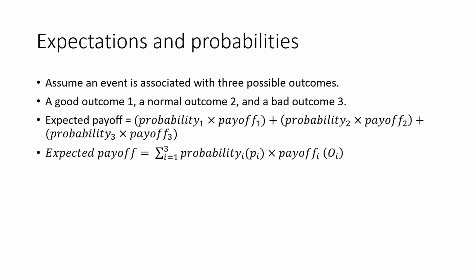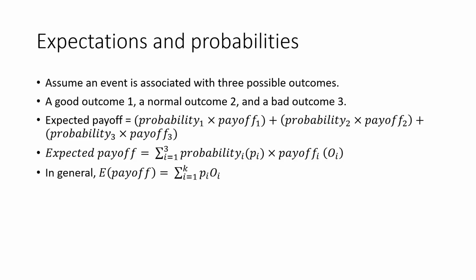The expected payoff therefore would be represented here as the sum of i equals 1 to 3 of the probability of event i times the payoff available from event i. So it's just a sum of Pi, the probability, times Oi, i going from 1 to 3, because remember there were 3 possible outcomes. Now this can be extended to 4, 5, 6, however many outcomes that we can have.